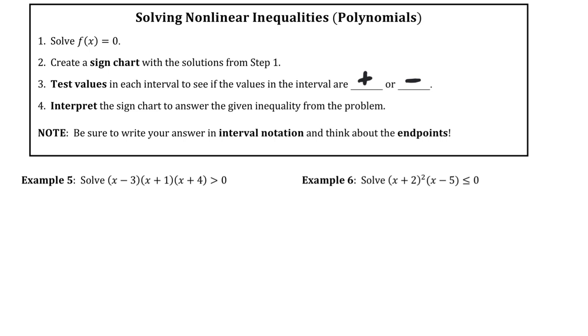So here we go. In example 5, we have already solved the inequality, and we want to make a sign chart. So really what you want to do is make your x-axis, like we're back in pre-algebra, and this is going to give me x equals 3, x equals -1, and x equals -4.